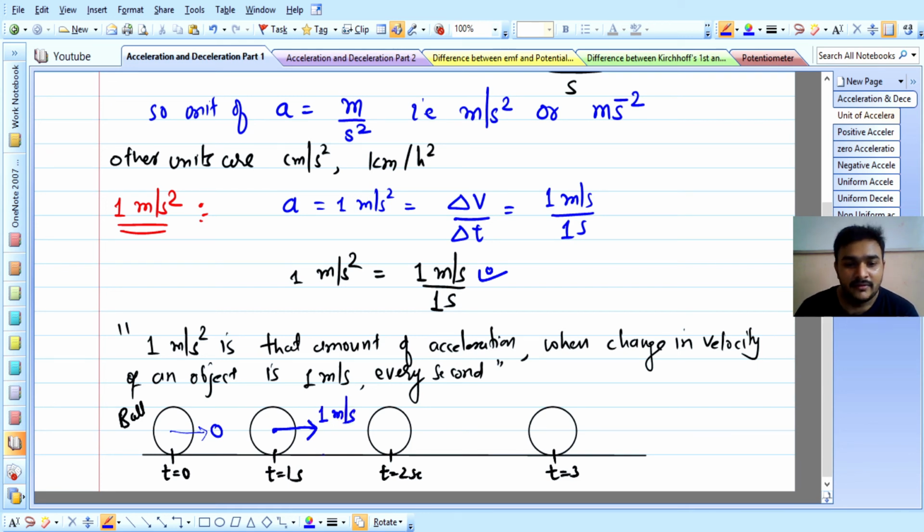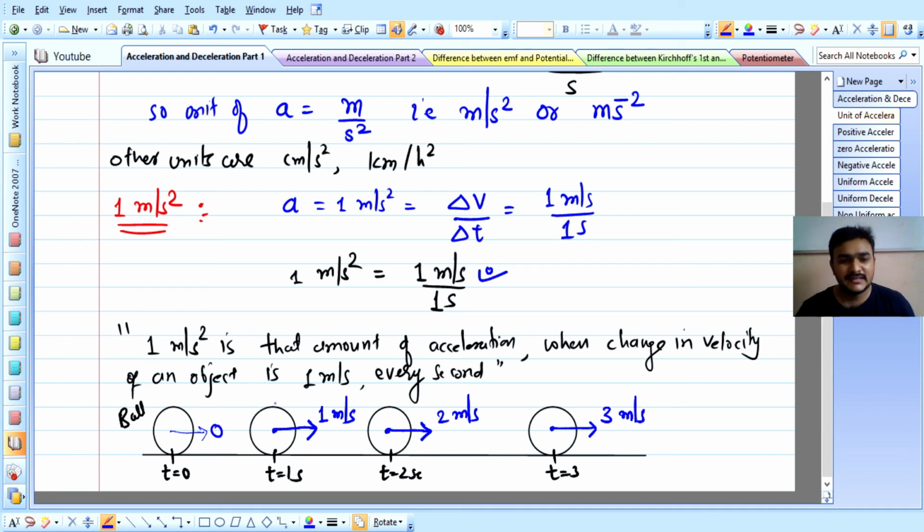Now again the velocity will increase by 1 meter per second. So at time t is equal to 2 second, the velocity of the ball will be 2 meter per second. Okay, again after 1 second, at time t is equal to 3 second, the velocity of the ball increases by 1, means now the velocity is 3 meter per second, and so on.